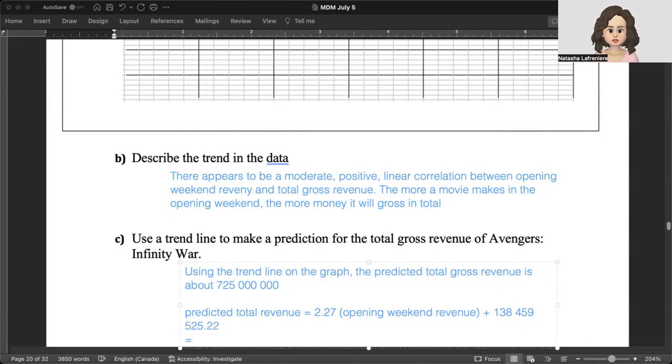That would give you exactly 723,434,460 as the total gross revenue.